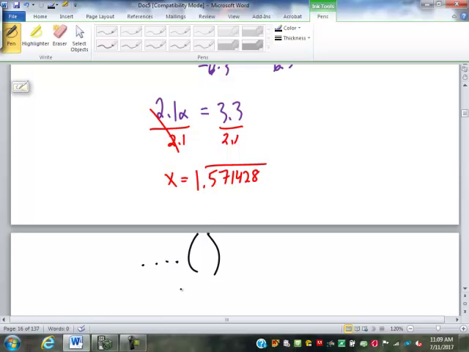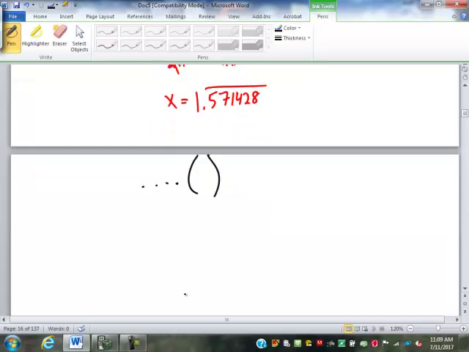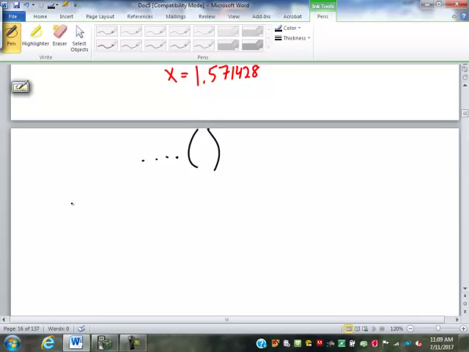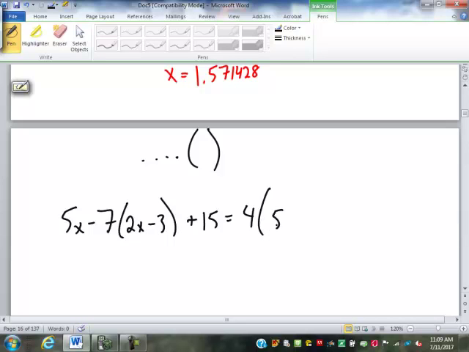Also need to be able to solve equations with parentheses. Something like this one. Where would I start there?